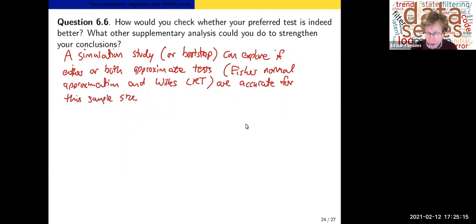These simulation studies or bootstraps won't find problems with the model, they'll find problems with these approximations.